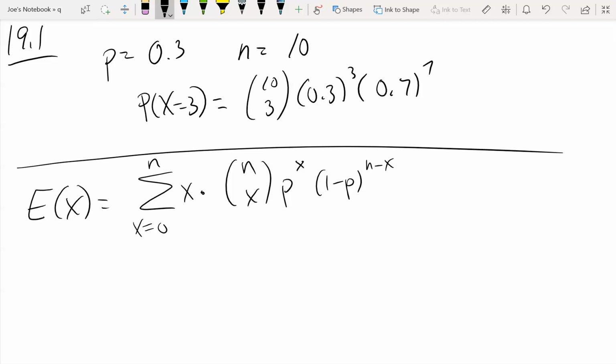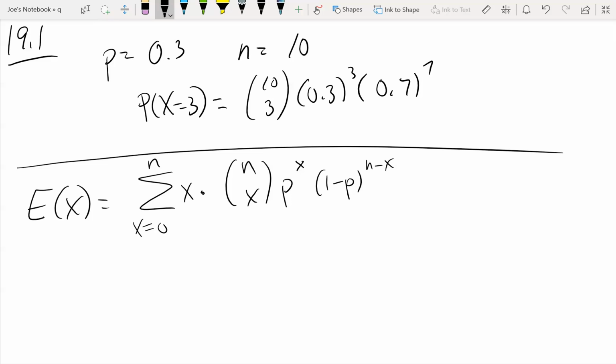Our sum here in this case will go from 0 to n, because if I run n trials, I could have no successes, I was very, very unlucky and didn't succeed at all, or I was very, very lucky and succeeded all n times, right? Agree? Okay.